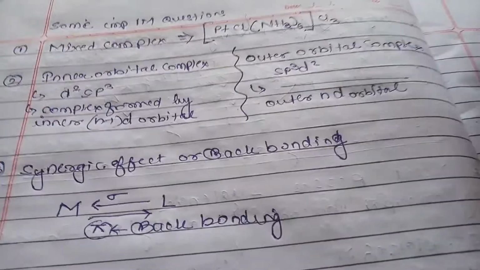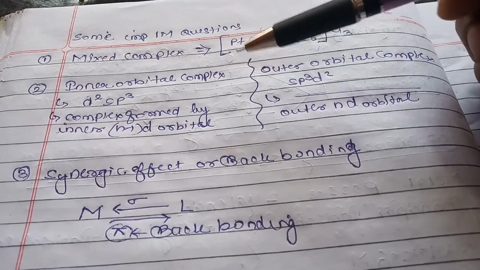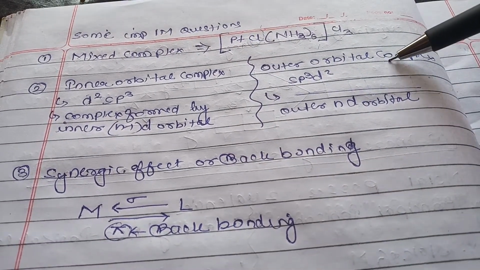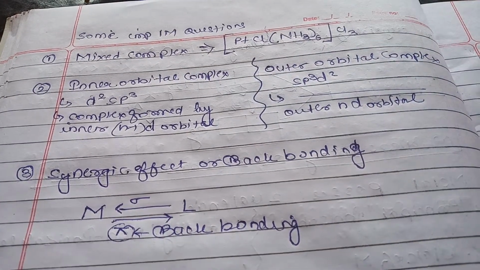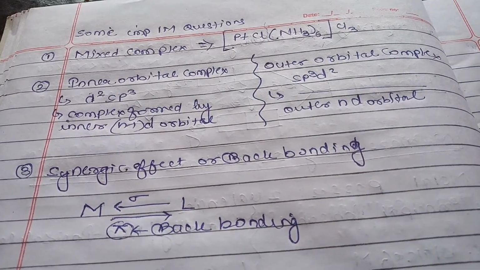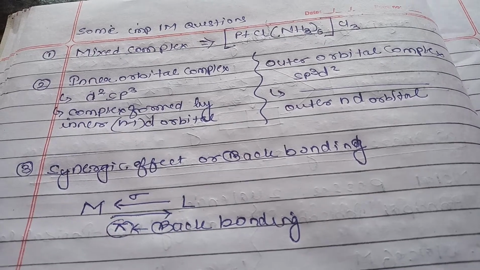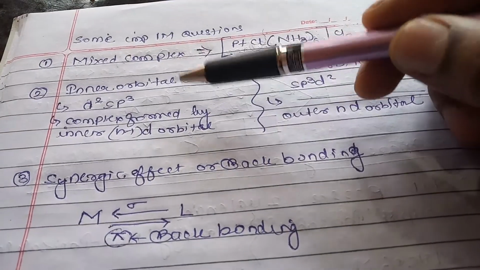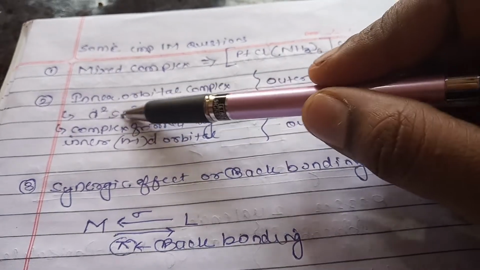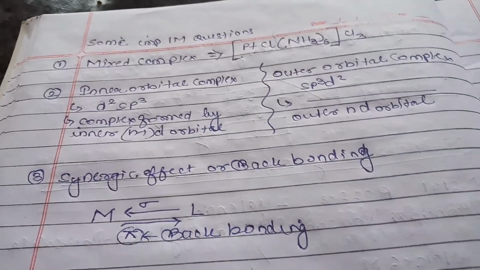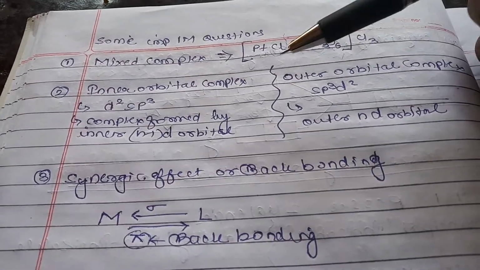Now, in the second part, we are going to deal with two terminologies, that is inner orbital complex and outer orbital complex. We know that octahedral complexes exist in two types of hybridization, that is d2sp3 and sp3d2. In case of d2sp3, the d2 orbital is inner to that of sp3, so these are termed as d2sp3.